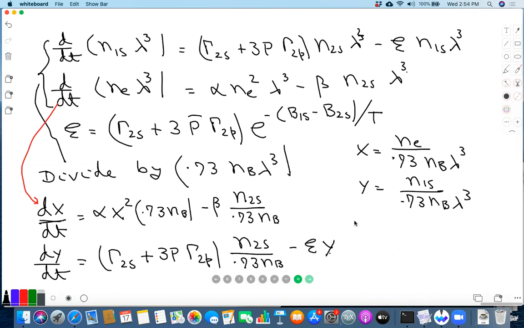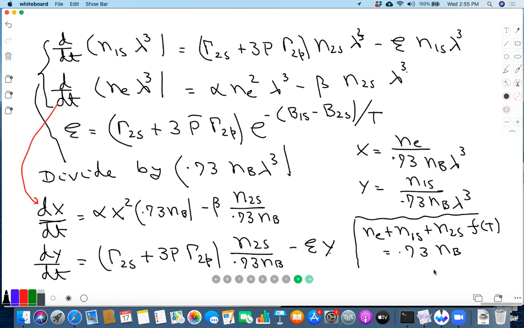And now we can use the fact that n_e plus n1s plus n2s times f of t is equal to 0.73 times N_B, to write n2s over 0.73 N_B as (1 minus x minus y) over f of t.